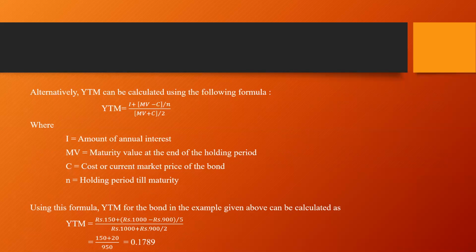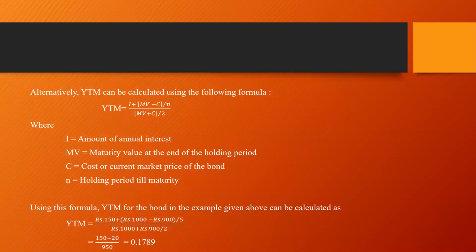So you will get 150 plus 20 divided by 950, which gives you the answer 0.178. That is 17.89% as the YTM value. The required rate of return from that investment is 17.89. So alternatively, we can use this formula also to calculate the YTM.